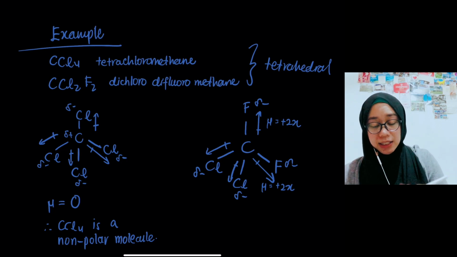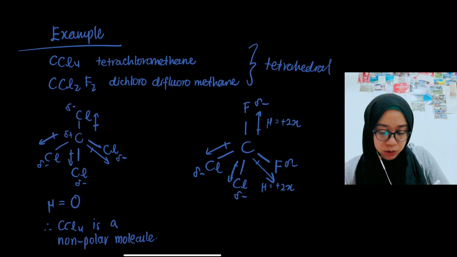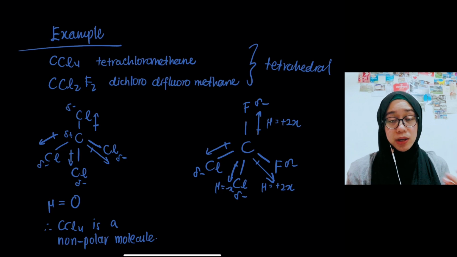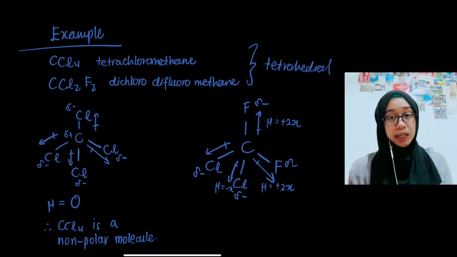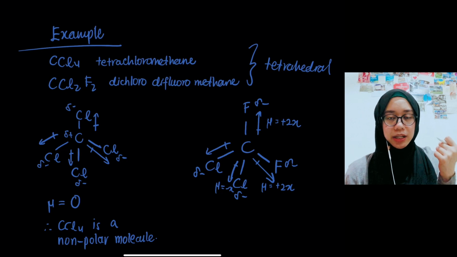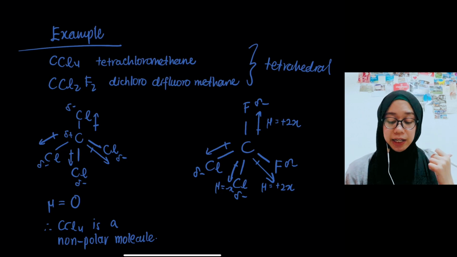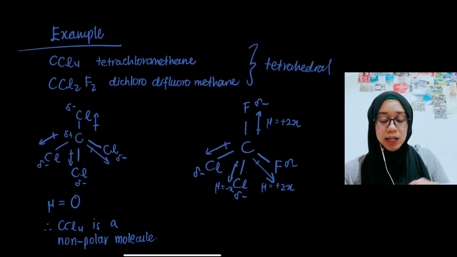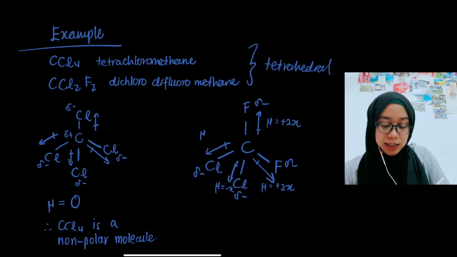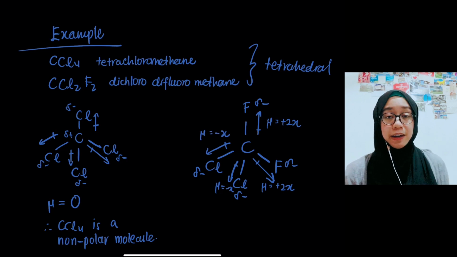Therefore mu untuk Cl ni adalah equals to negative X. Okay, and then mu yang sebelah kiri tu pula, since dia ke arah sebelah kiri, Miss letak negatif juga. Okay, sebab dia vector kan, so dia depends on the direction. So since magnitude dia adalah X, therefore sini pun mu adalah negative X.